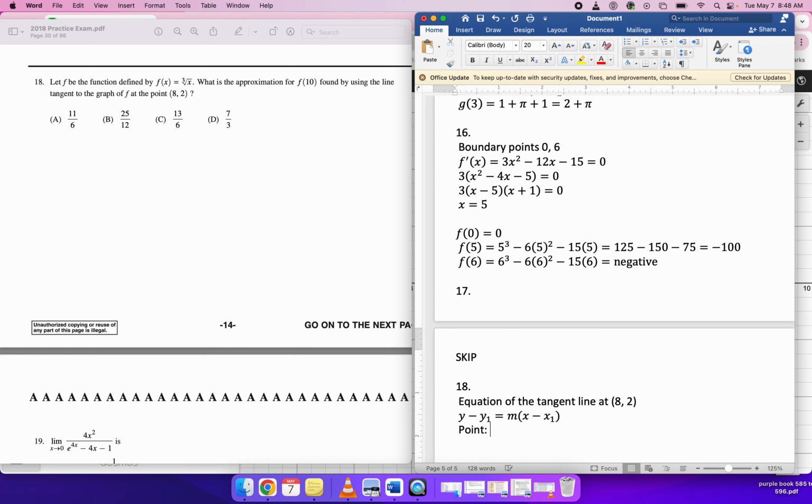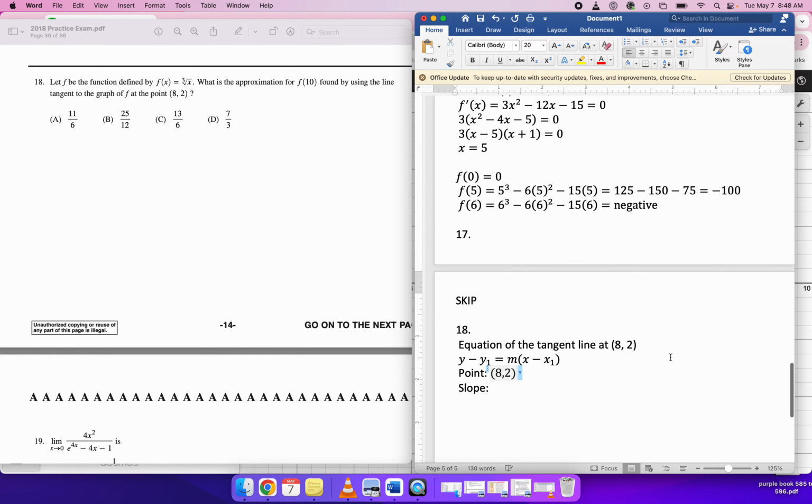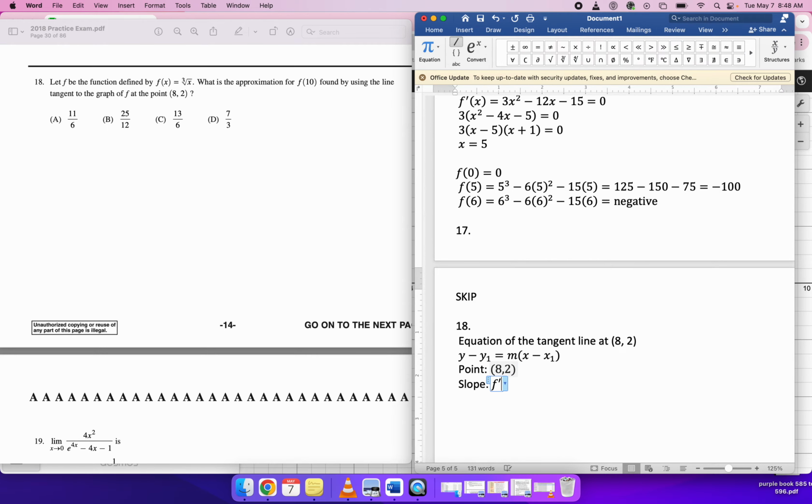The point on the line is, of course, 8, 2. The slope is going to be the derivative at x equals 8. Well, f prime is 1/3 x to the negative 2/3, which is 1 over 3x to the 2/3, which means 1 over 3 times the cube root of x squared.